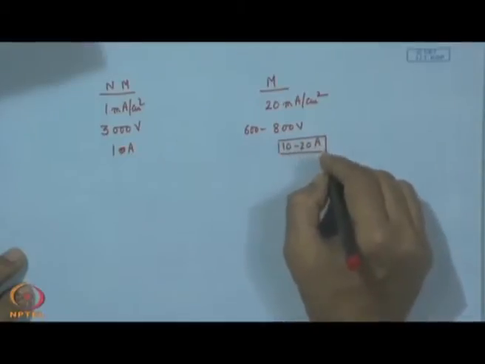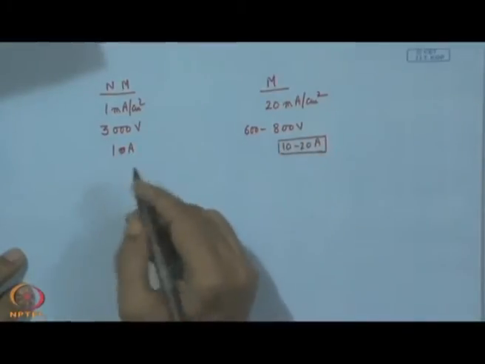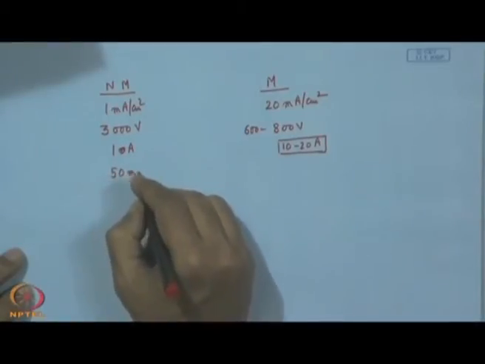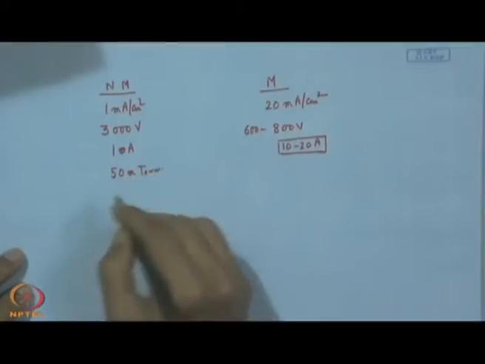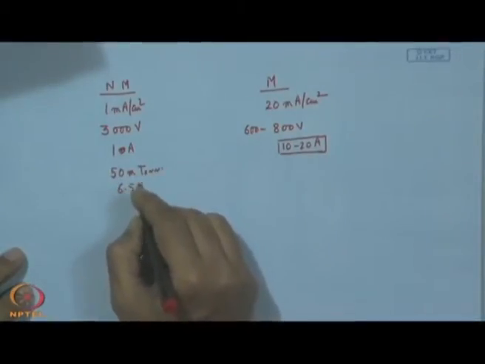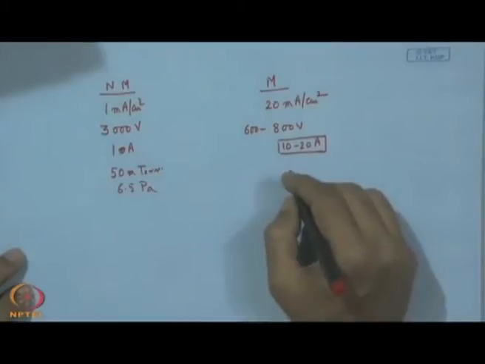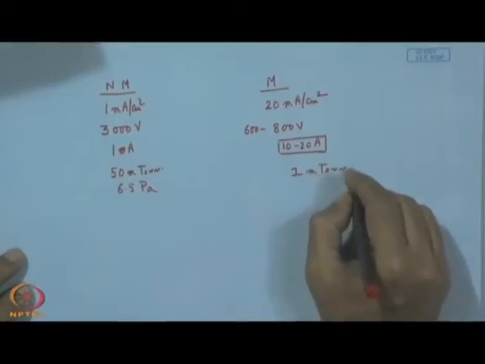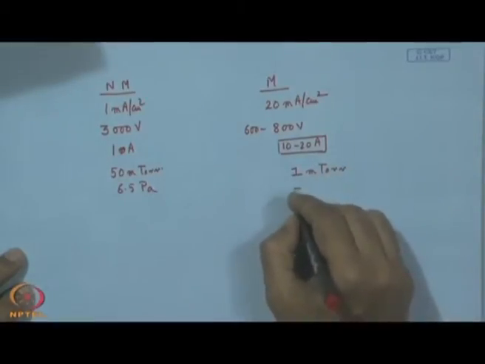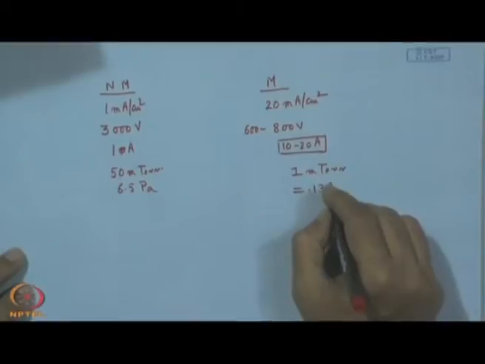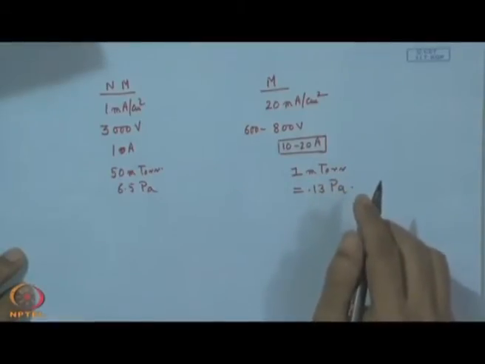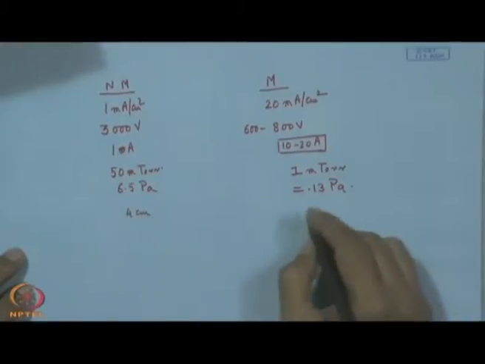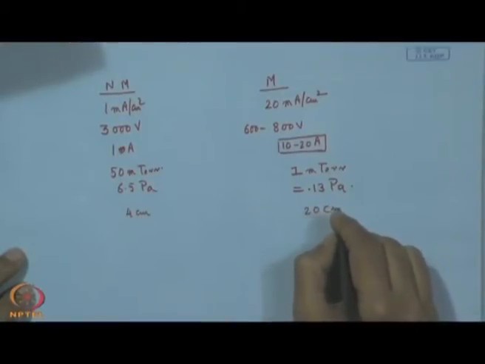be very easily achieved. And then the argon pressure, what we have already noted, this is this millitorr, that means it is about 6.5 Pascal, and on this side we can just get down to 1 millitorr, which is equal to 0.13 Pascal. And then standoff distance, that can be quite high. Here it is about 4 centimeter, it can be as high as 20 centimeter.